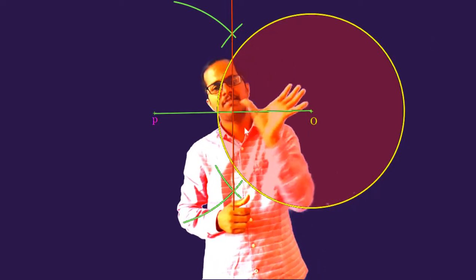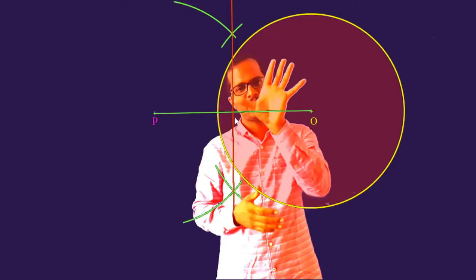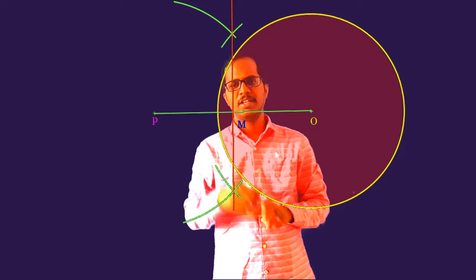By joining them, we get the perpendicular bisector to the line segment OP. It cuts OP into two equal parts, so the intersecting point is the midpoint of OP. Assume this point as M.